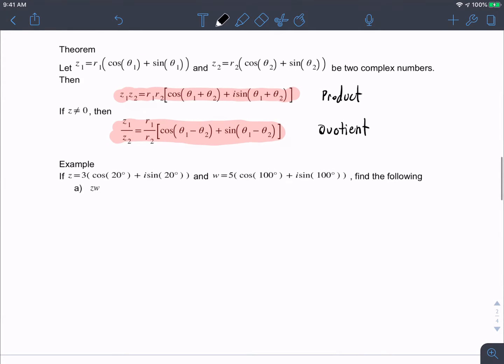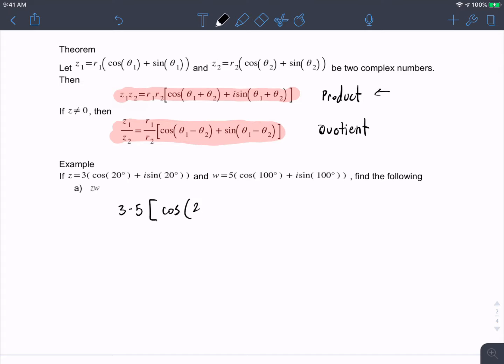And so this first one here is going to be a product. See how it's z times w. So if I have z times w, that's going to be this first one up here. It's basically r1, which is a 3, right, times r2, which is a 5, and then times cosine, and the angles are going to be added.